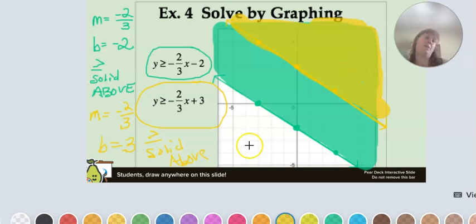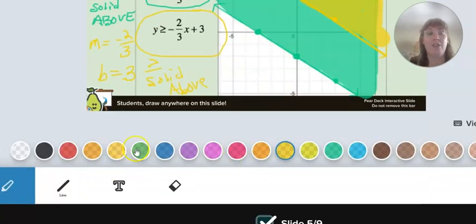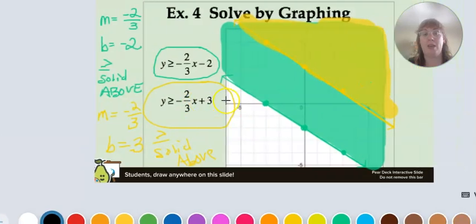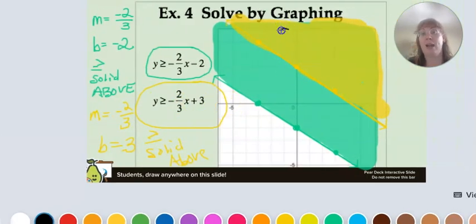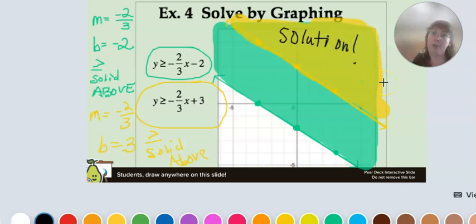So we have our area that's both green and yellow. So even though they have the same slope here, we still do have a solution set because they're both greater than and shaded above. So the top, where it's above for both of them, is going to be our solution area. So again, that means every point in this double shaded area is a solution.